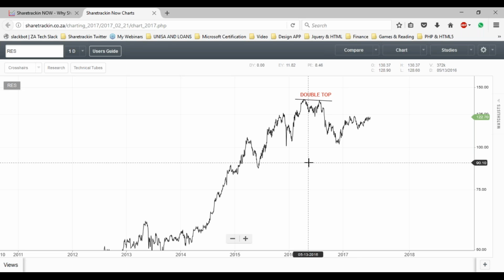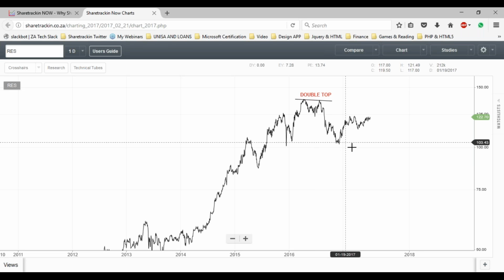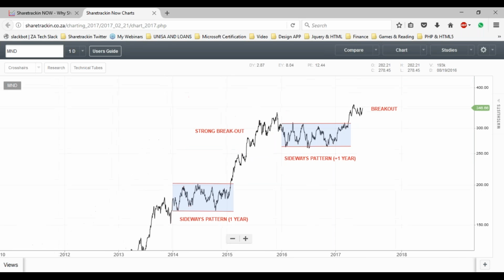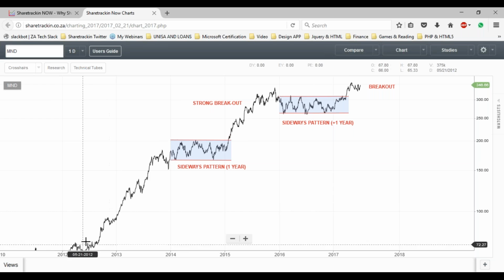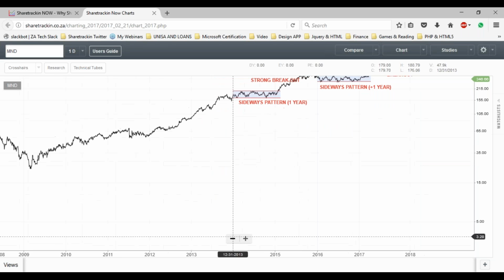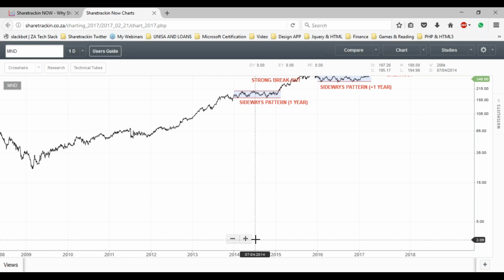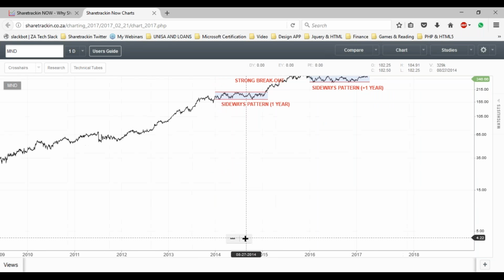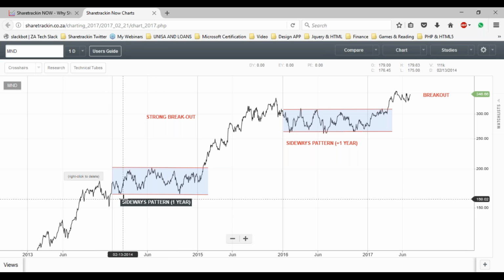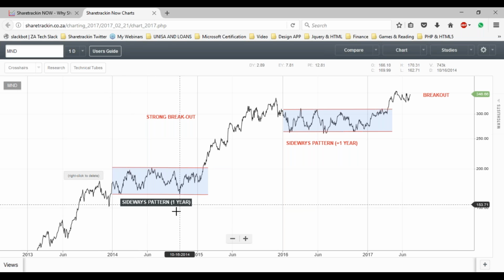Now the next thing that we can look at on these shares is Mondi, MND, and you can clearly see I've marked this out for you. The share price basically went up dramatically, so there was a great incline since 2008 in the share price, but then all of a sudden the share price in 2014 moved in a sideways pattern.